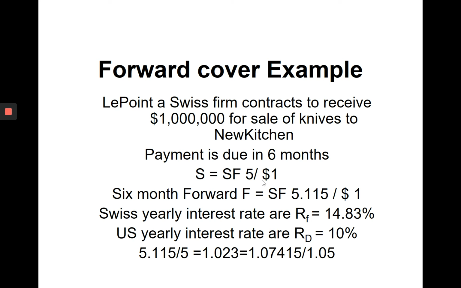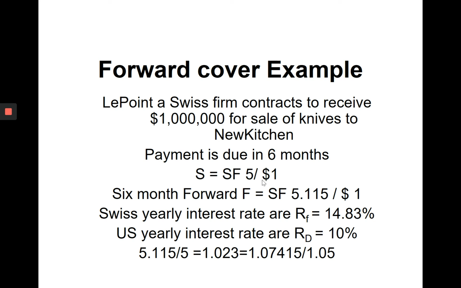And then we go to the US interest rate. RD, the domestic interest rate, is 10% in this example. At the bottom of this slide, you see 5.115 divided by 5 equals 1.023 equals 1.07415 divided by 1.05.